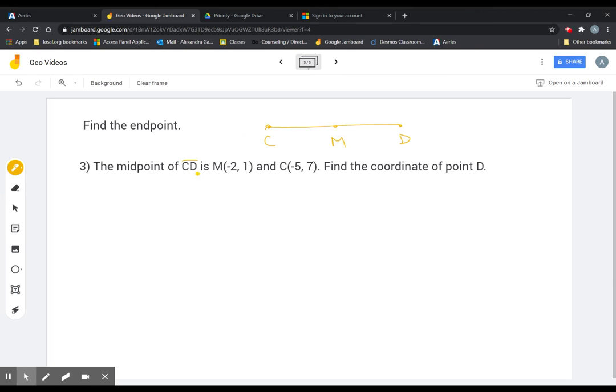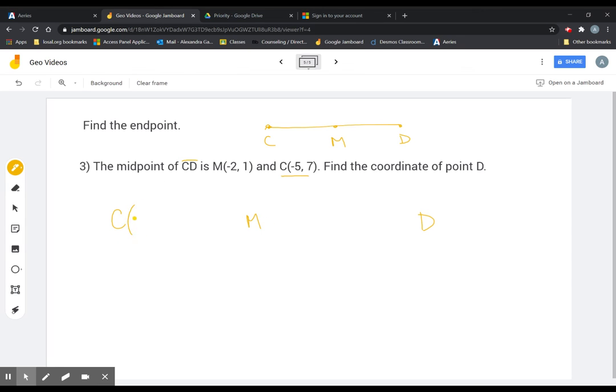I have the midpoint of CD is M, and I know one of the endpoints, C. So find the coordinate of point D. So I got to look. If I were to draw this as a segment here, I'd have point C, point D, and somewhere in the middle, the midpoint.